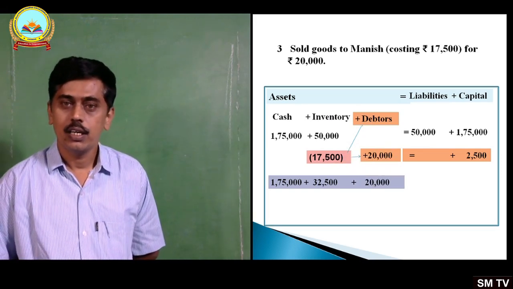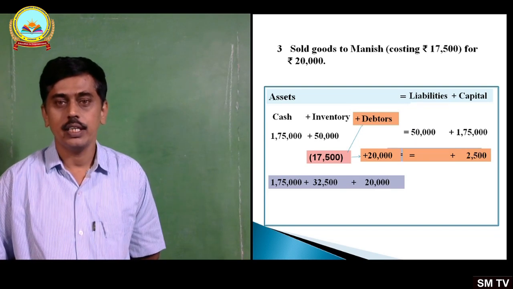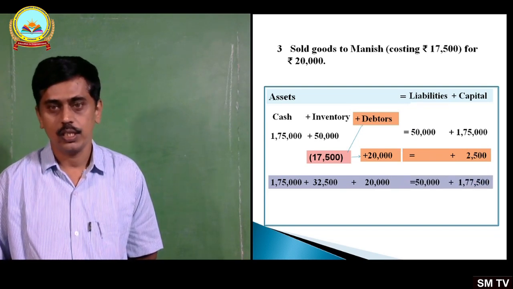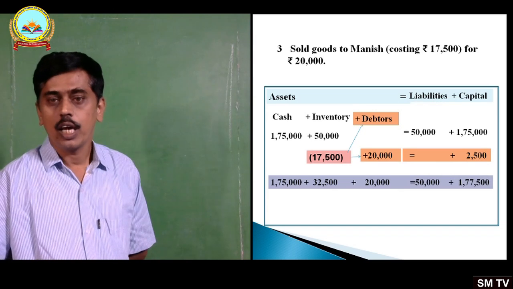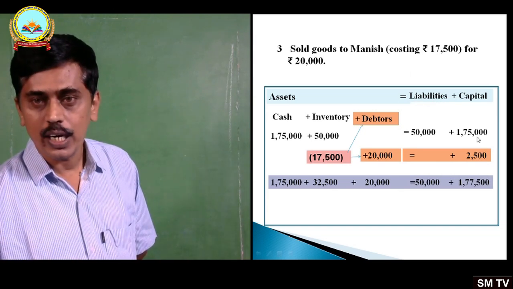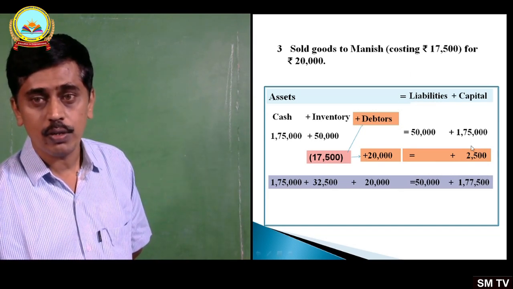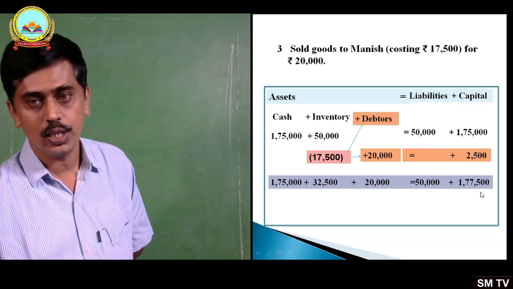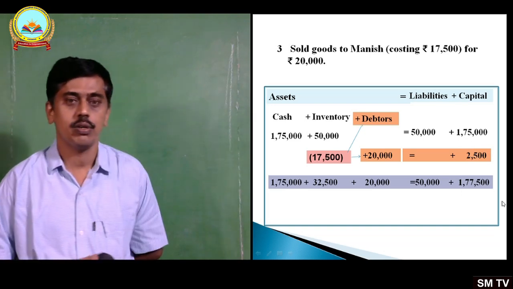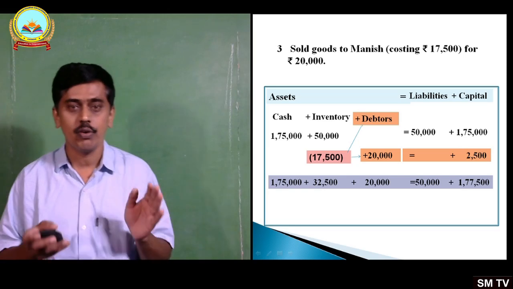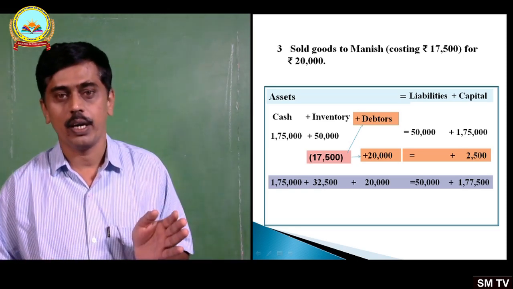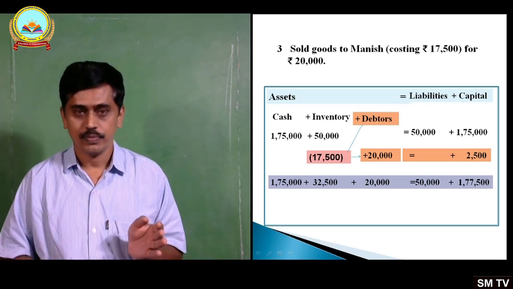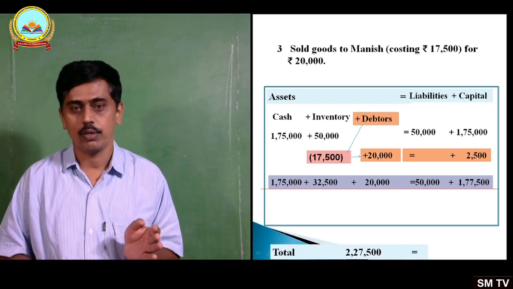And on the liability side, creditors 50,000 and capital, earlier it was 1,75,000. Now 2,500 profit is added, so it is 1,77,500. This is how the accounting equation is to be prepared. Now find the total. Draw one line and find the total, both the sides.